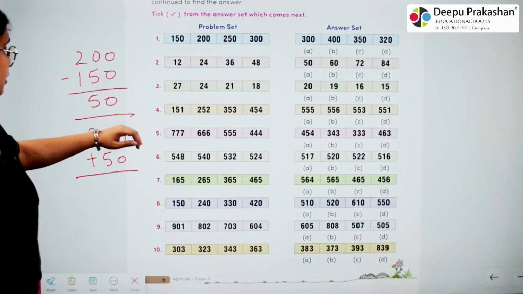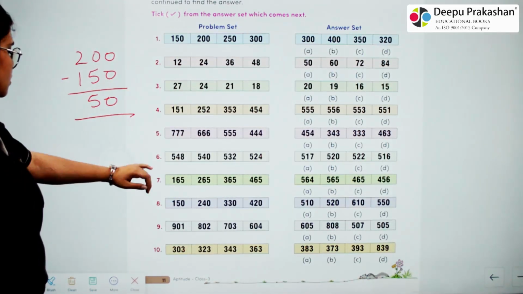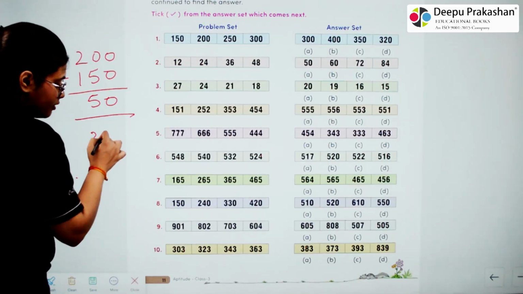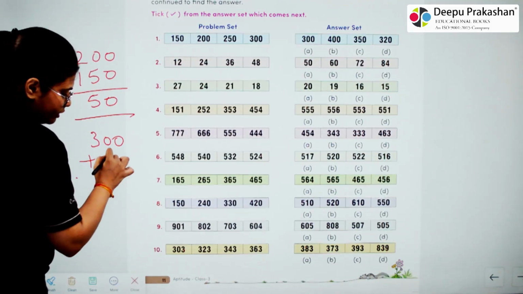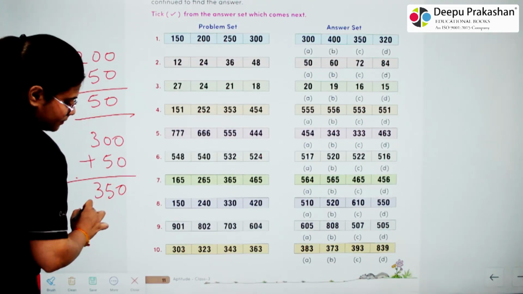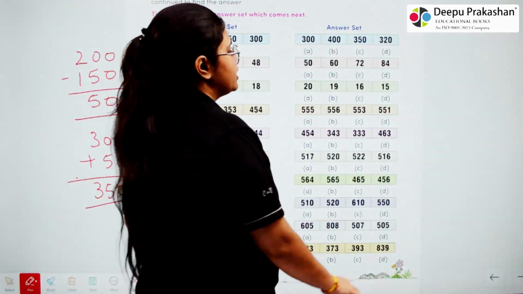So to get the number that will come after 300, we have to add 50 to 300. So that will be 350. So the answer for the first one is 350.